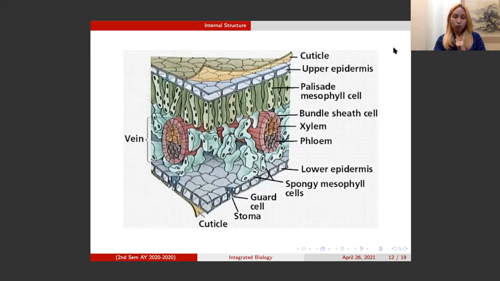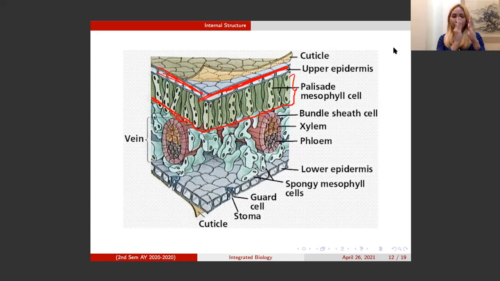And so we now have a figure that is showing us basically the mesophyll region. Okay, so here you will notice the upper epidermis. Okay, and right after the upper epidermal layer, you will notice this layer, which is a compact layer of cells. How do you know that it is highly compact?